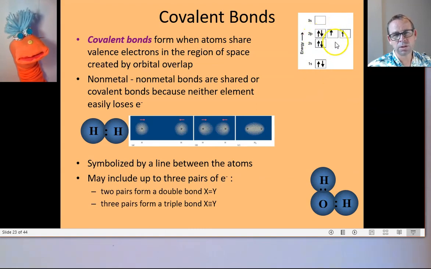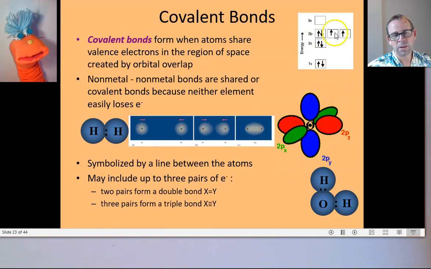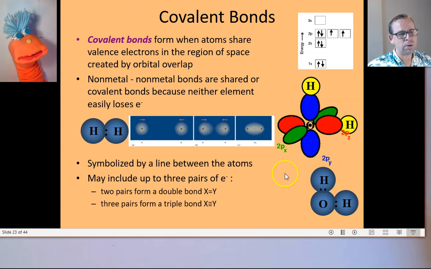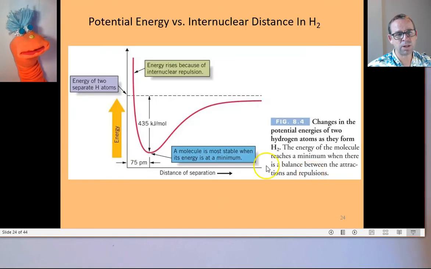There's two of these 2p's that have room for electron density, and bringing the hydrogen electron density into overlap with those 2p's makes what we could think of as our water molecule. All right. So you can have an overlap between not just one set of electrons, but you can have an overlap of two sets of electrons. We call this a double bond, or a triple bond can also occur.